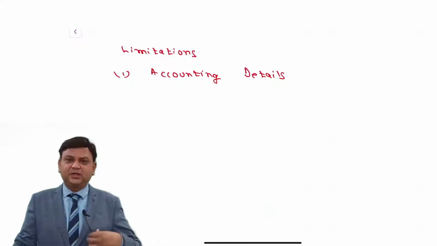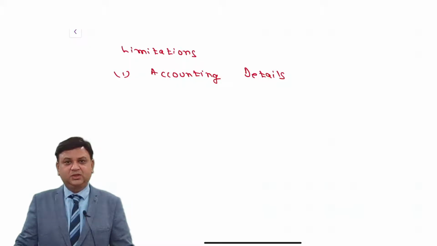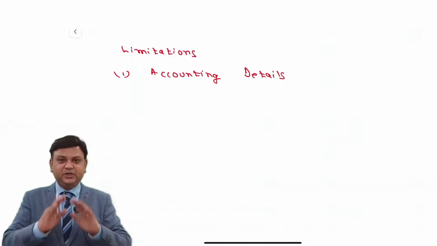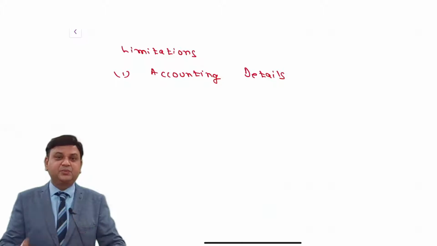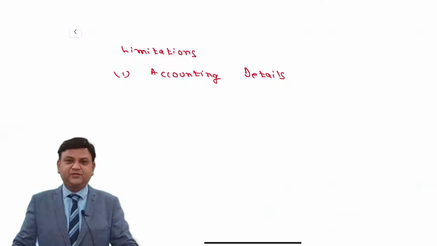How can you manipulate it? You change your accounting assumption, with that your profit will change. You change your accounting policy, with that your results will change. So as per your requirement, you can easily manipulate it. That is the first limitation that the ratios have.